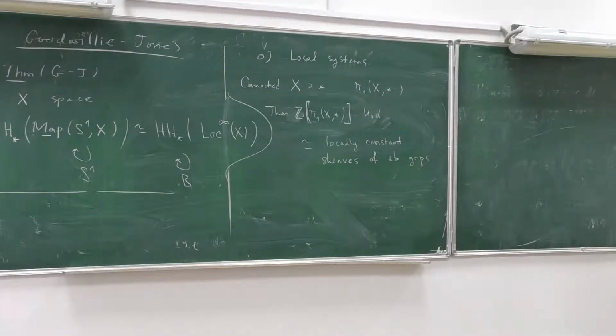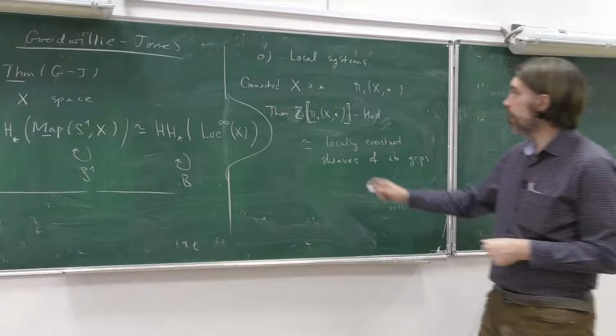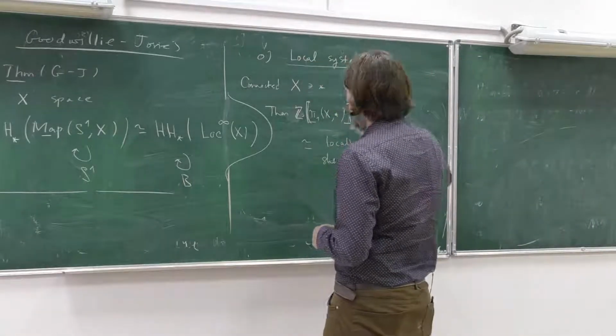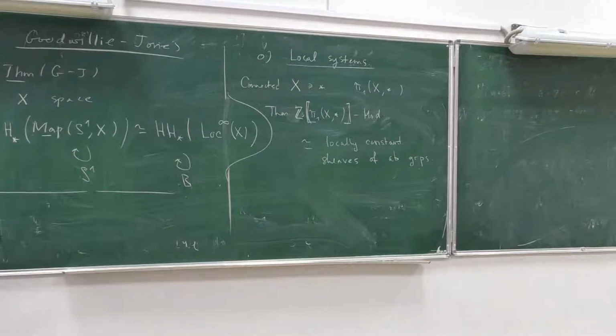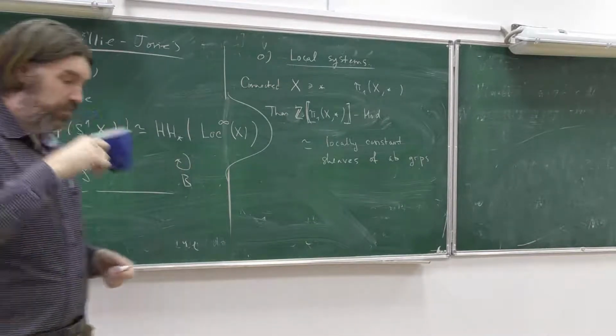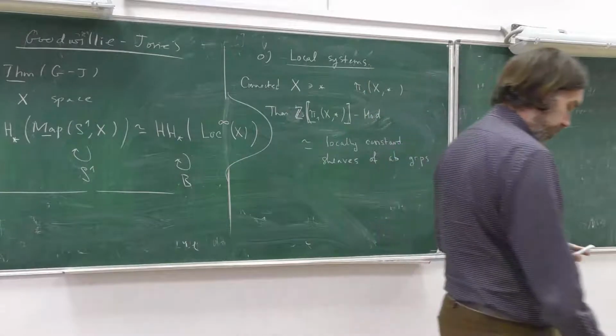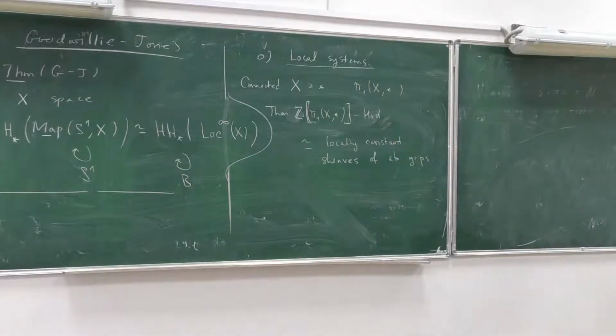Here's a question which I asked myself today, and I realized that I don't have the answer. Well, it's a question for everyone. Suppose we have a map from X to Y, finite simplicial complexes, which induces an isomorphism on cohomology with coefficients in all local systems of abelian groups.